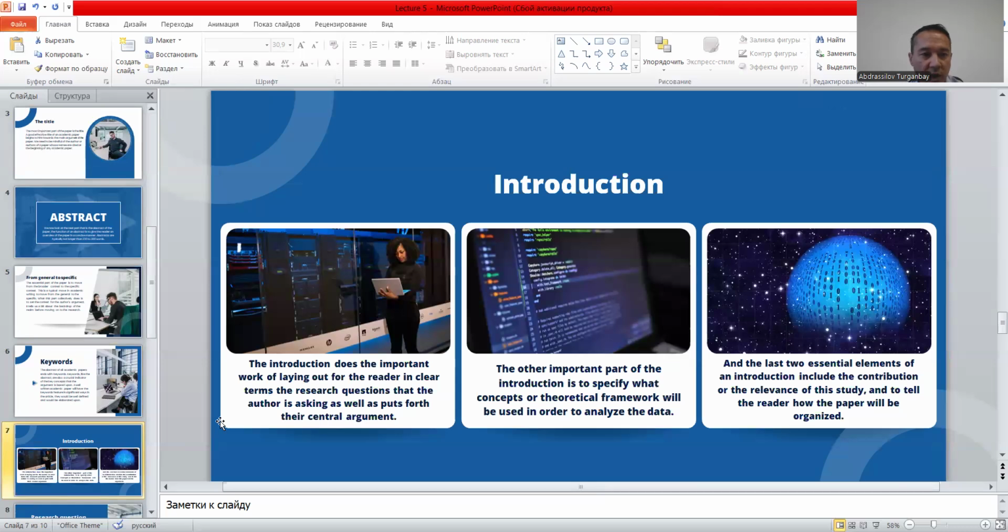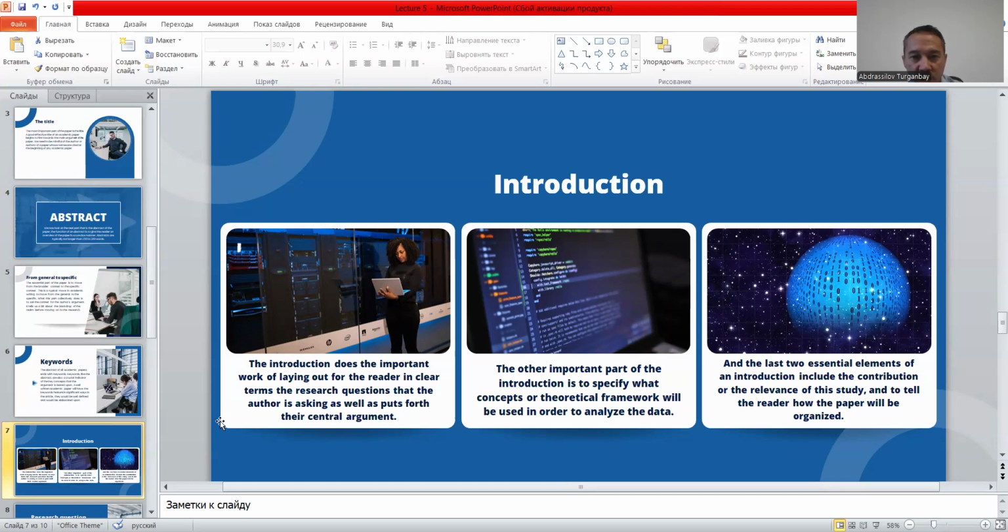After the abstract and keywords in an academic paper comes the introduction. The introduction does the significant work of laying out for the reader, in clear terms, the research questions that the author is asking. Another important part of the introduction is to specify what concepts or theoretical framework will be utilized in order to analyze the data.